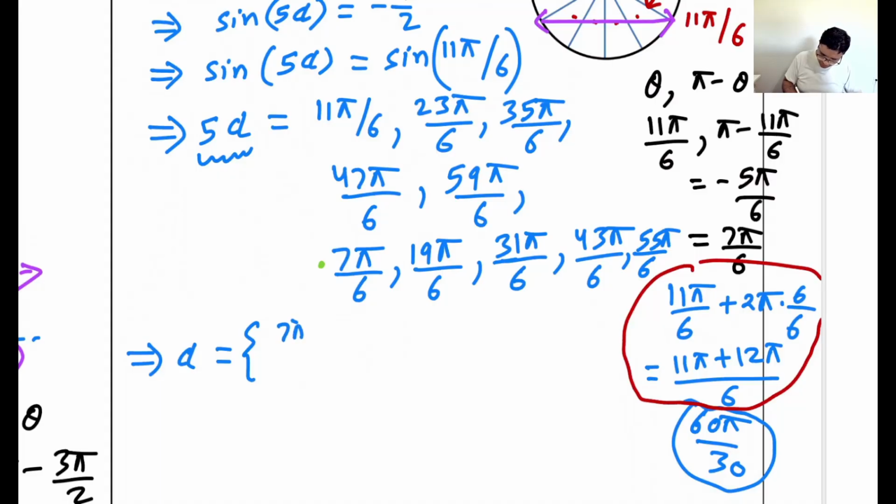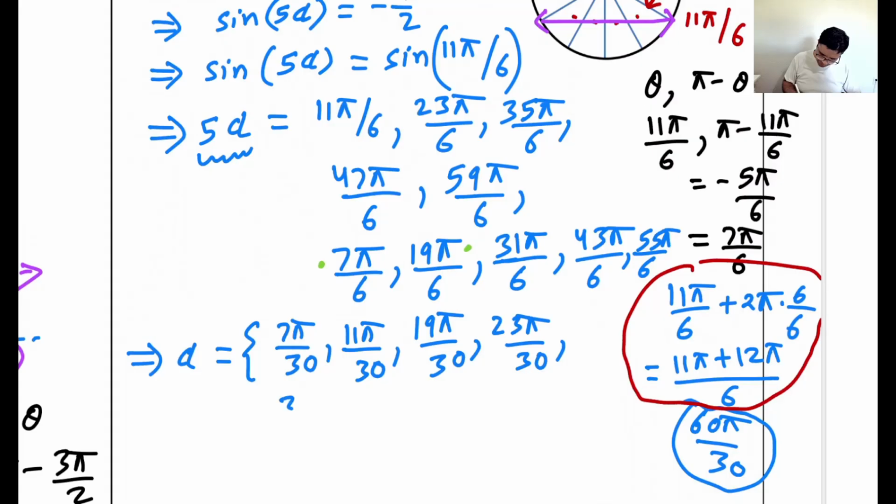So 7 pi over 30. Then I get 11 pi over 30. Then I have 19 pi. It is alternating between the two lists. Okay. And then if you go up, you get 23 pi over 30.